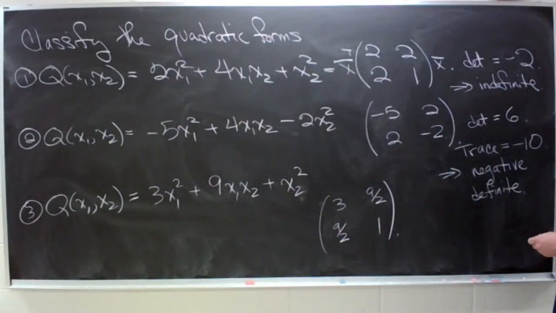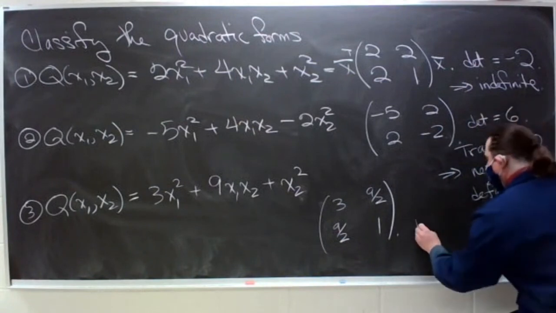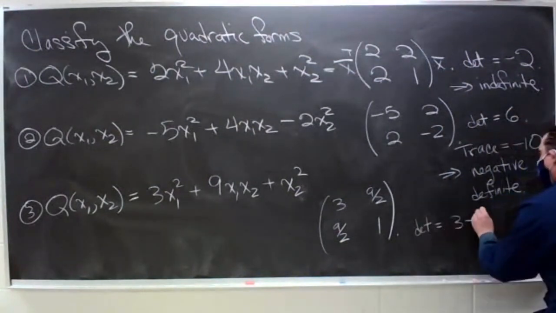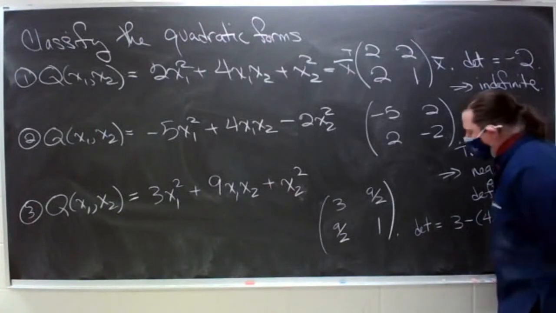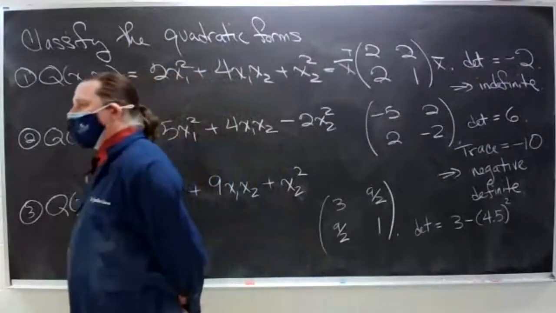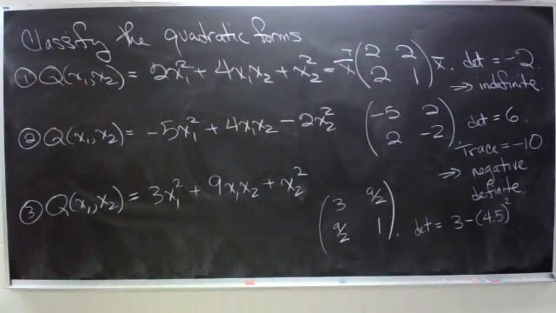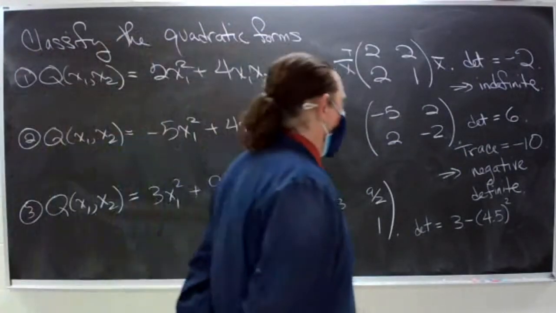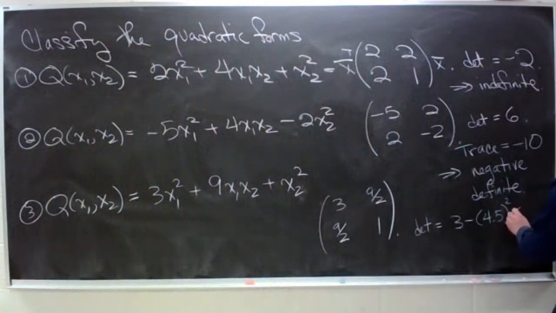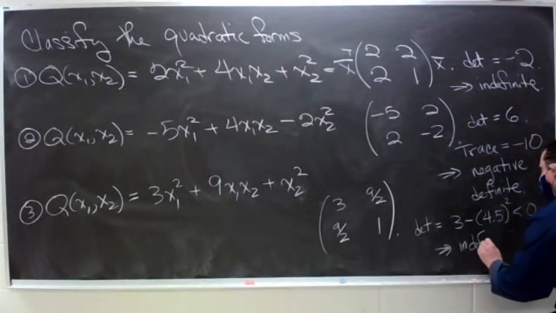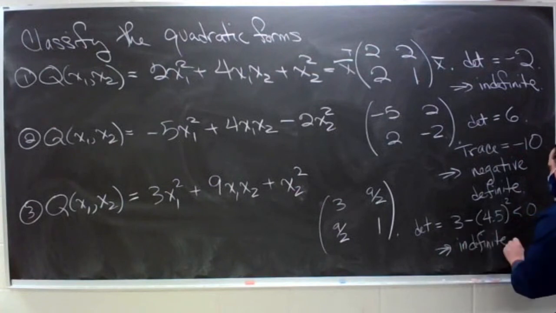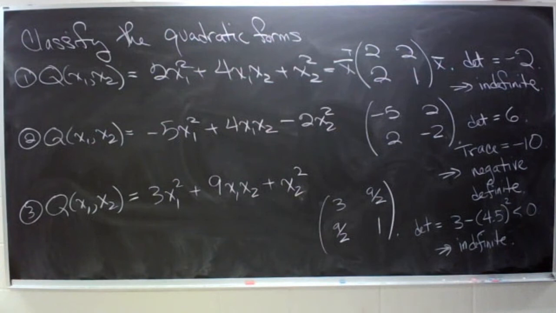There's my matrix. The determinant is 3 minus 81/4, which is clearly negative. So we would have an indefinite quadratic form.